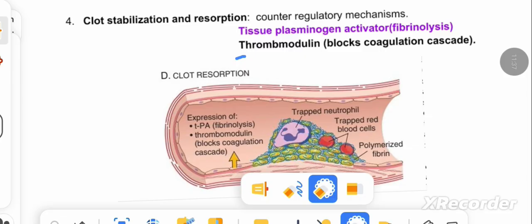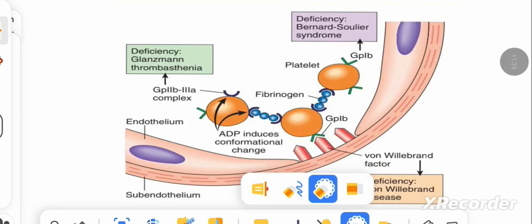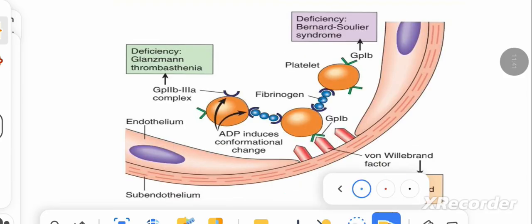So now let's look at what really happens in the activation of platelets, how these platelets are activated. So platelets are activated when the subendothelium is exposed. Okay, so the endothelium, the layer which lines the blood vessels, it has the endothelium inside, and then it has the subendothelium.